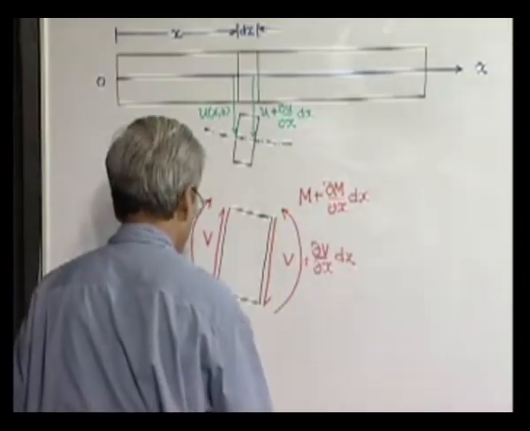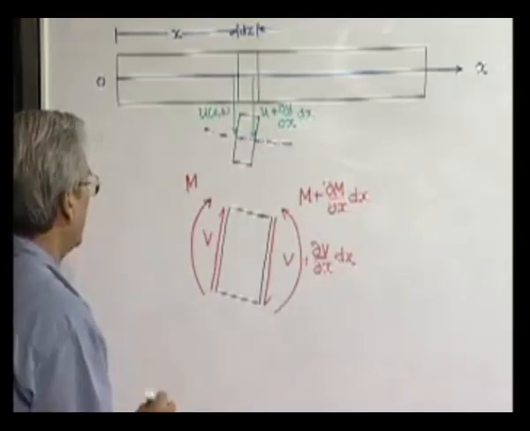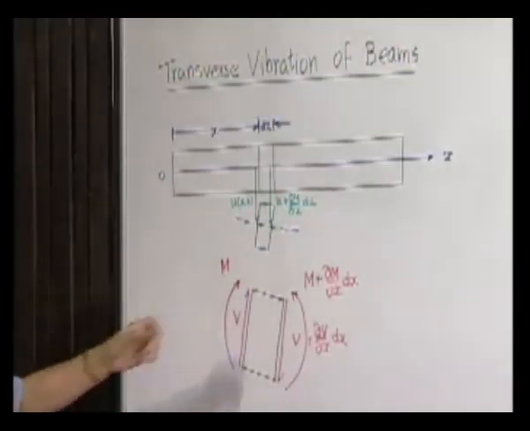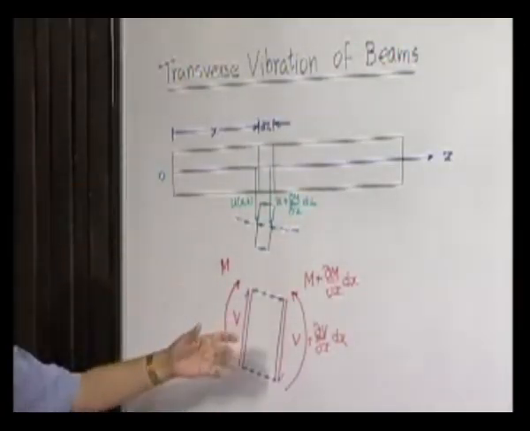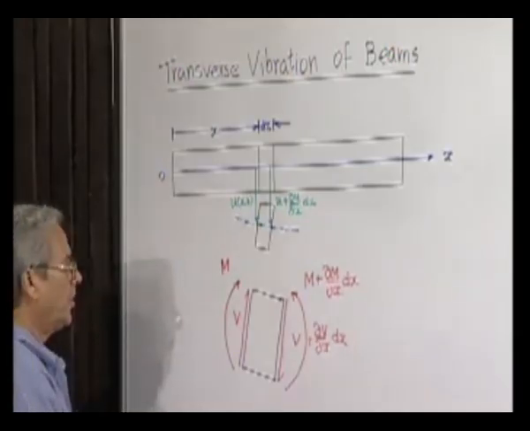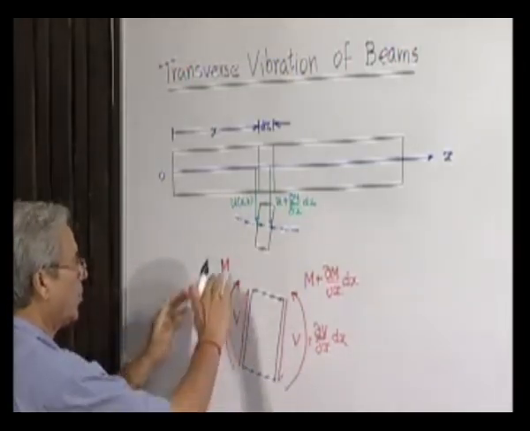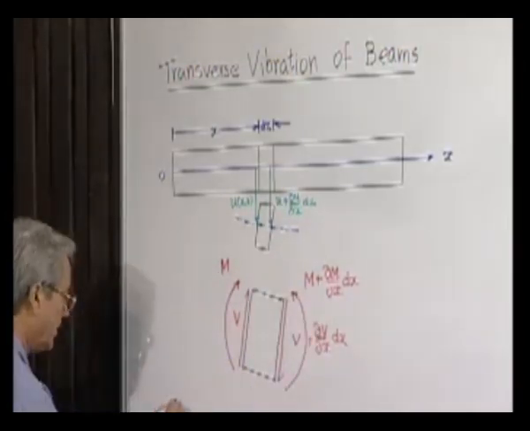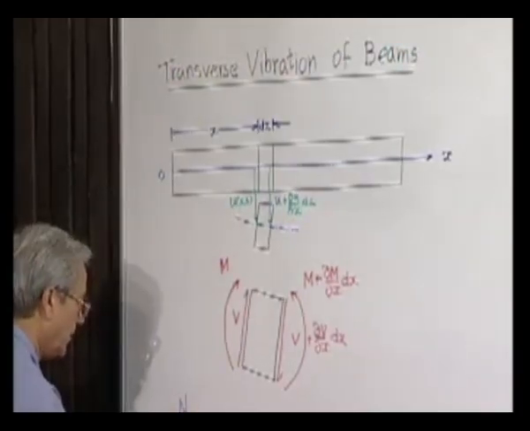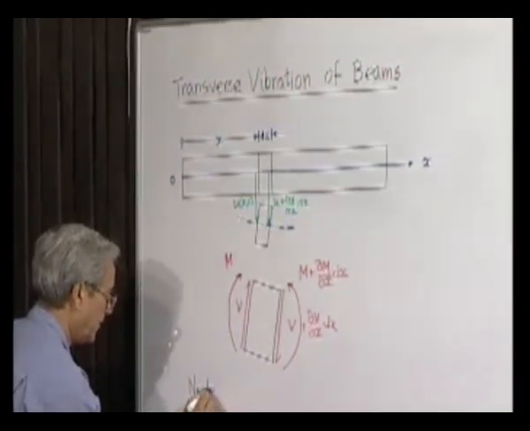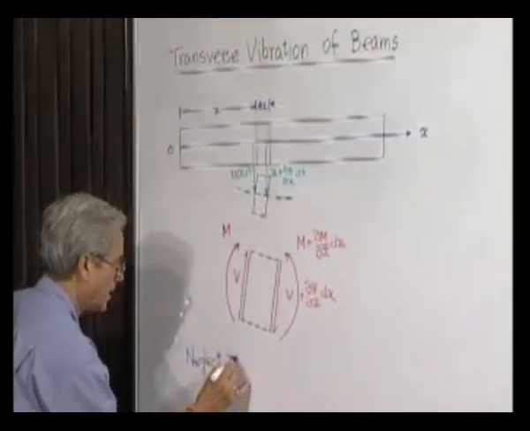Now let us consider the relationships between various quantities. First of all, the total moment, we neglect rotary inertia.